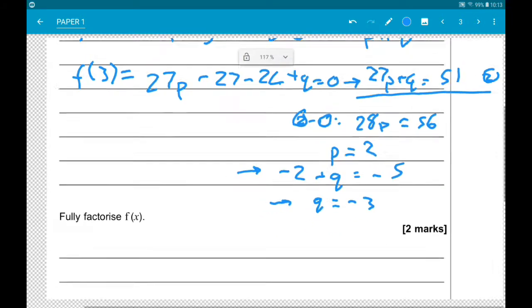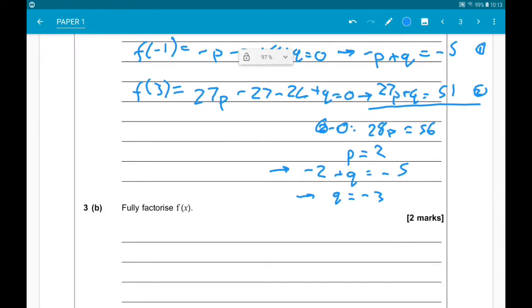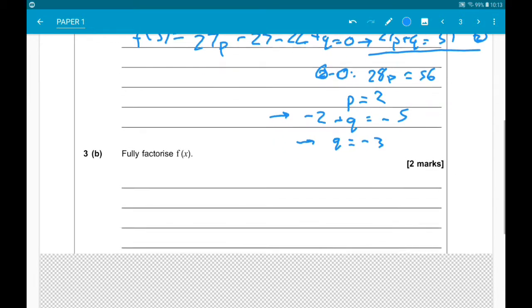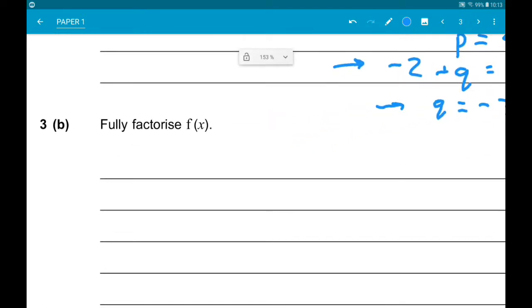Okay, and then part B says to fully factorise f of x. So we now know f of x is 2x cubed minus 3x squared minus 8x minus 3.